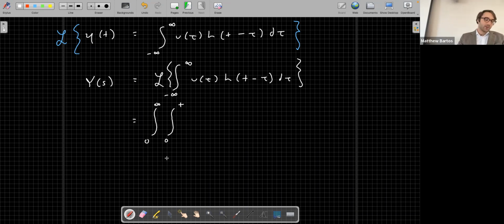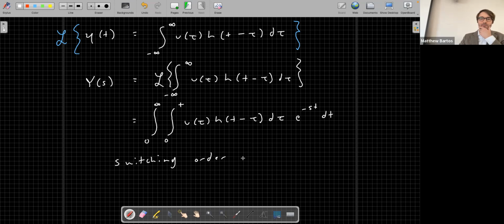Okay, what we have is u tau h t minus tau d tau times e to the negative st dt. So we have this double integral here. Okay, and let's make this problem easier by switching the order of integration. So we have an integral in terms of d tau dt. We're going to switch the order of the integral.